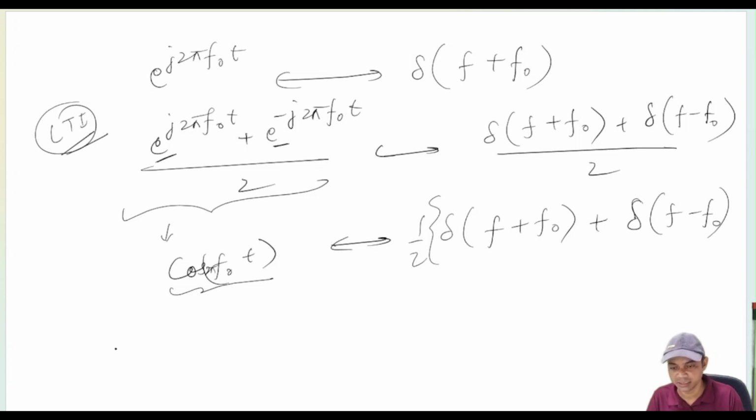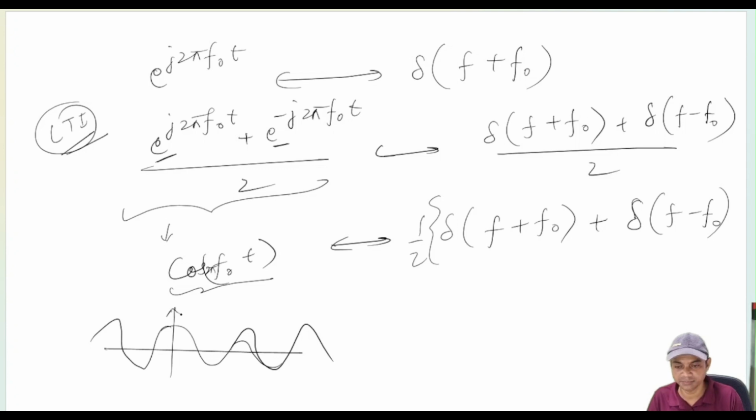It means, for a sinusoidal signal, sorry, this is cos 2 pi f naught t.